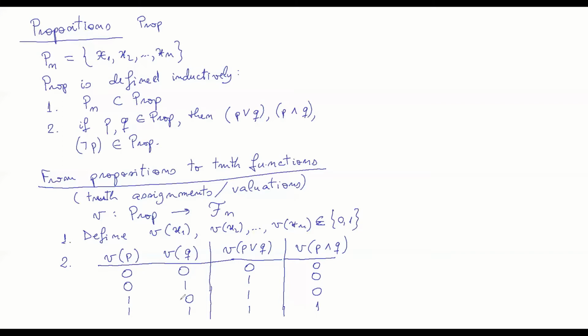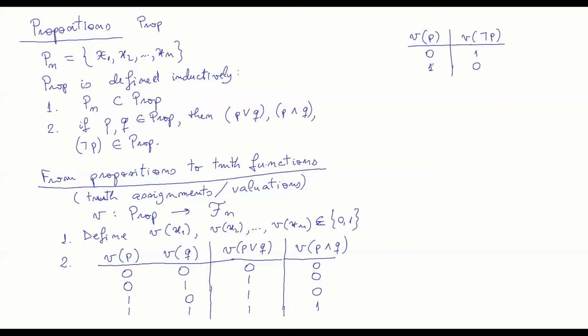And the valuation for the negation is defined depending on just the valuation of P. We only have two possibilities for the valuation of P: it's either 0 or 1. And we define the valuation of not P to be 1 when V of P is 0, and 0 when V of P is 1.